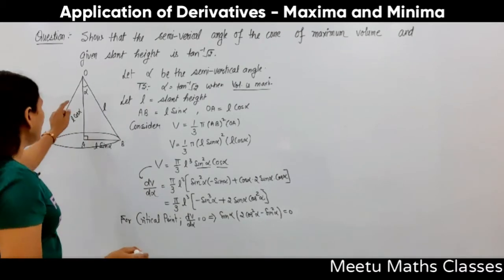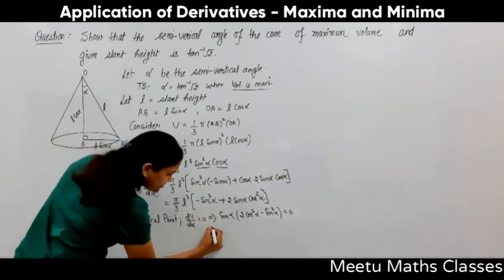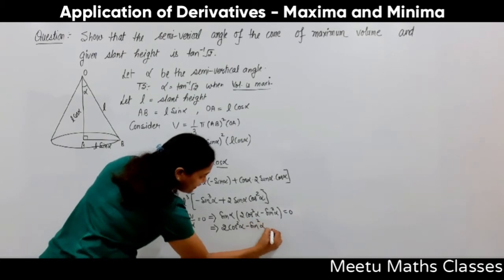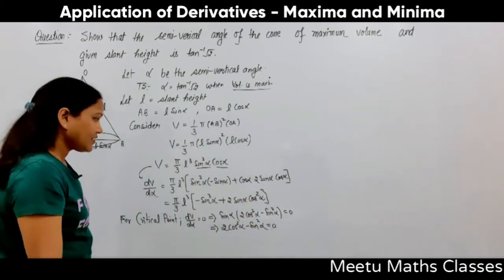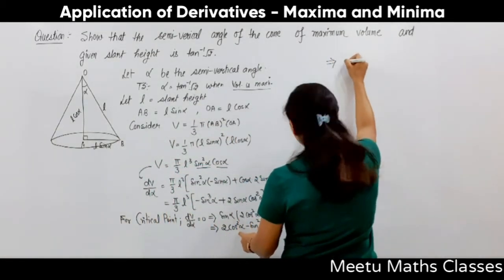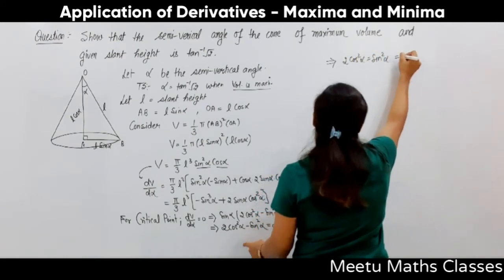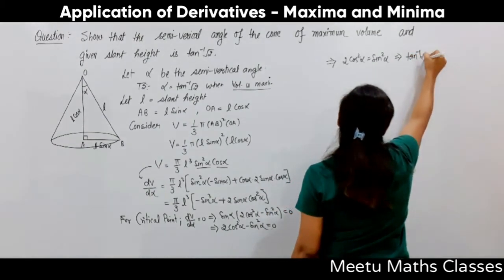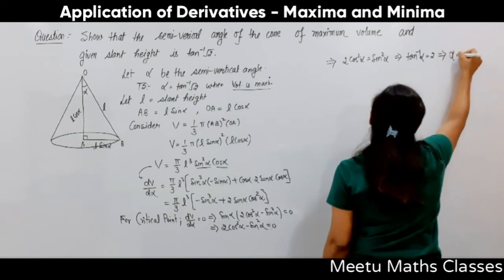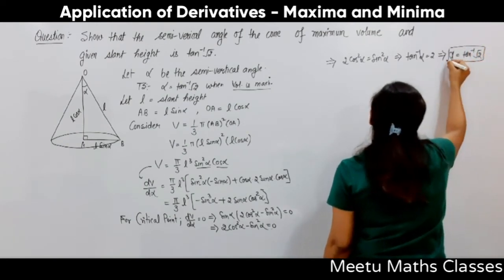That must imply that 2 cos square alpha minus sin square alpha is equal to 0, so 2 cos square alpha is equal to sin square alpha, or tan square alpha is equal to 2, or alpha is equal to tan inverse of root 2. So this is our critical point.